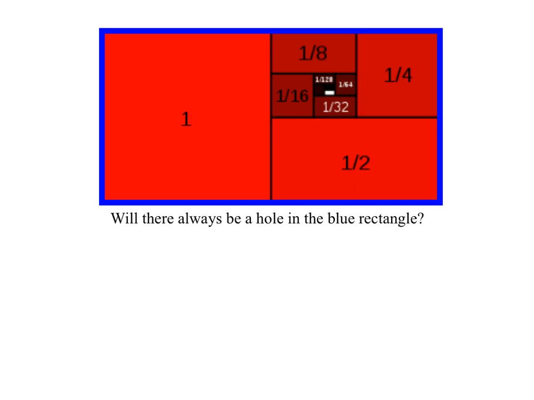Here's a visual to show you what we mean by converging. If you were to look at this as a sequence or as a series, our first term would be 1, our second term would be 1/2, third term would be 1/4. We keep cutting everything in half as we go.